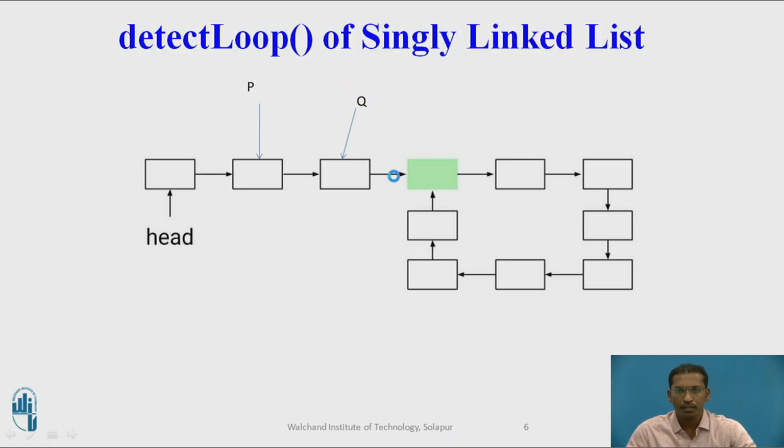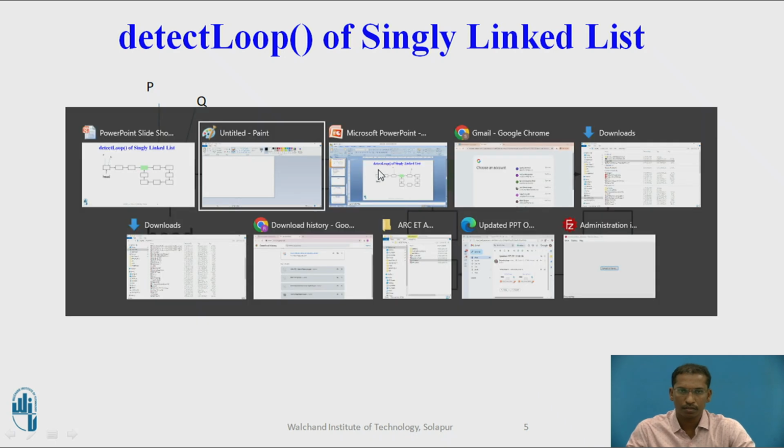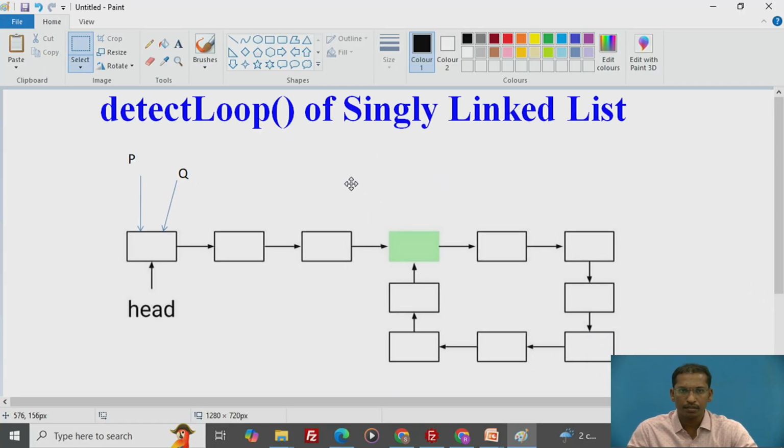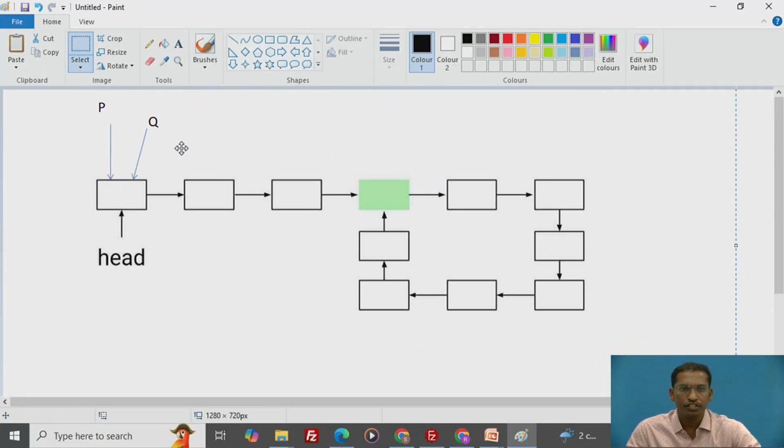We'll copy this and paste this. So initially P and Q are here. Next time P will go here. This is your P and this is your Q. Next step, P will go here, and Q will jump to here.